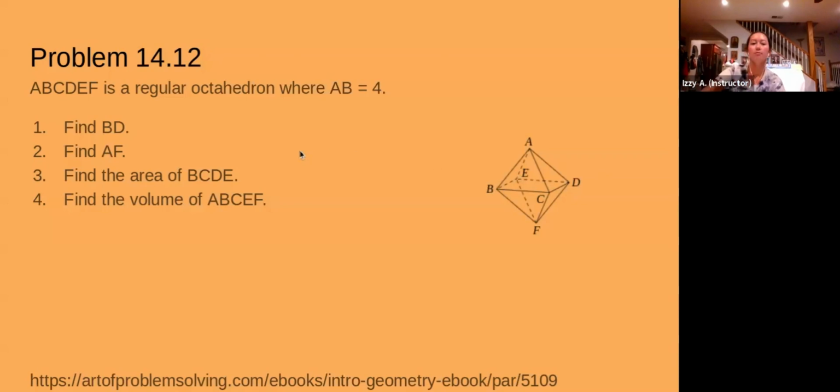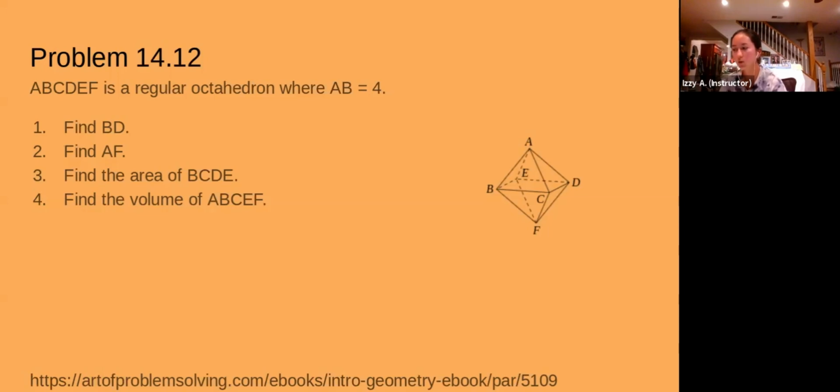Next, we need to find AF. So rather than thinking of the octahedron as square pyramids ABCDE and FBCDE attached together, we can think of it as BAEFC and DAEFC stuck together. So that means that ACFE is going to be a square.